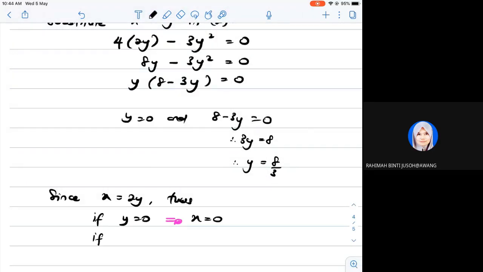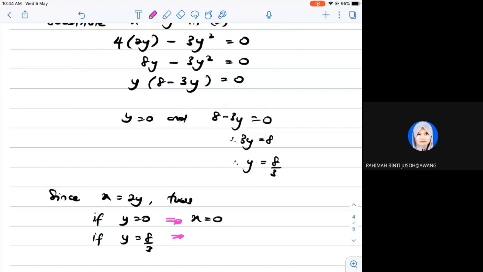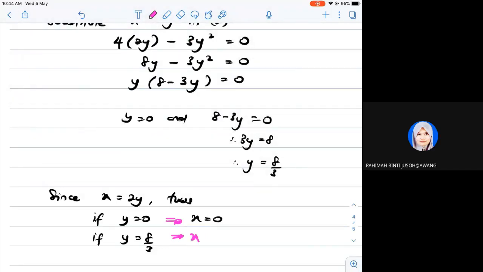Kalau if y equals to 8 over 3, so kita juga akan dapat x, x equals to 2y. 2 darab 8 per 3 jadi 16 per 3. Okay.